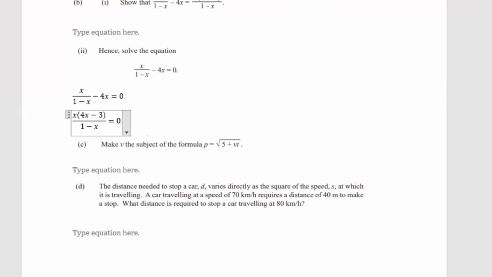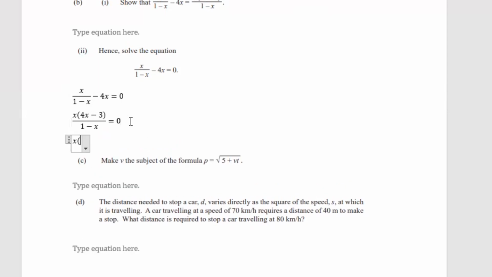So what we're going to do is to remove this 1 minus x from the denominator portion on the left hand side to across the equal sign, where it will now be multiplied with 0. So what we'll have is x then in bracket 4x minus 3 is equal to 0 multiplied by 1 minus x.